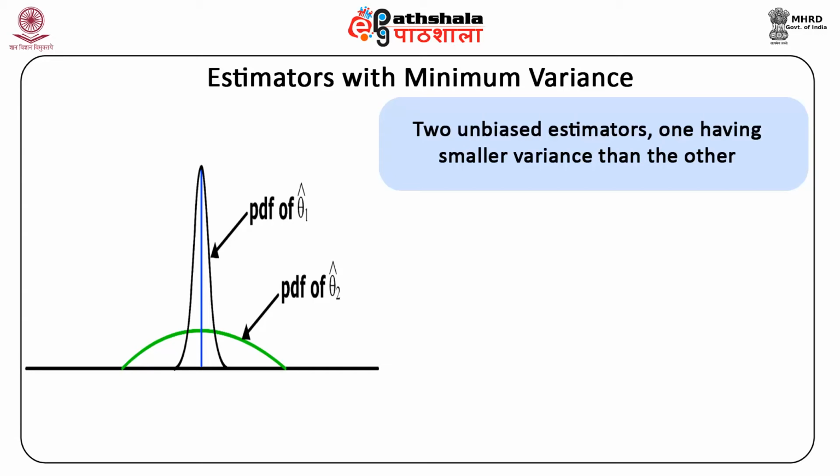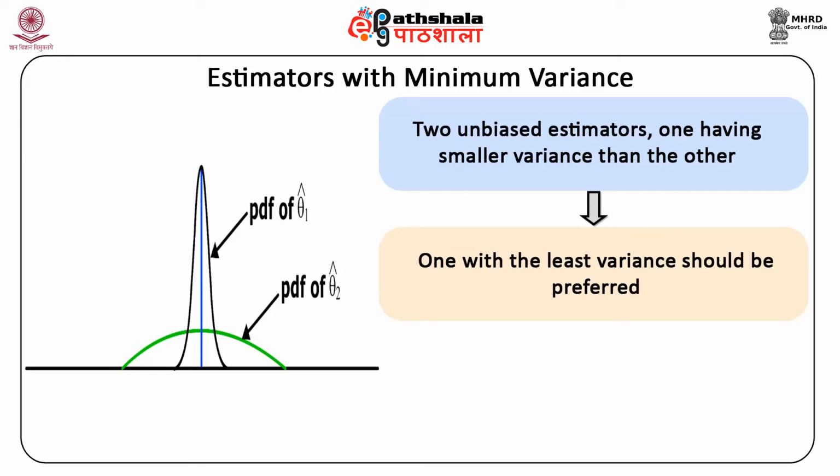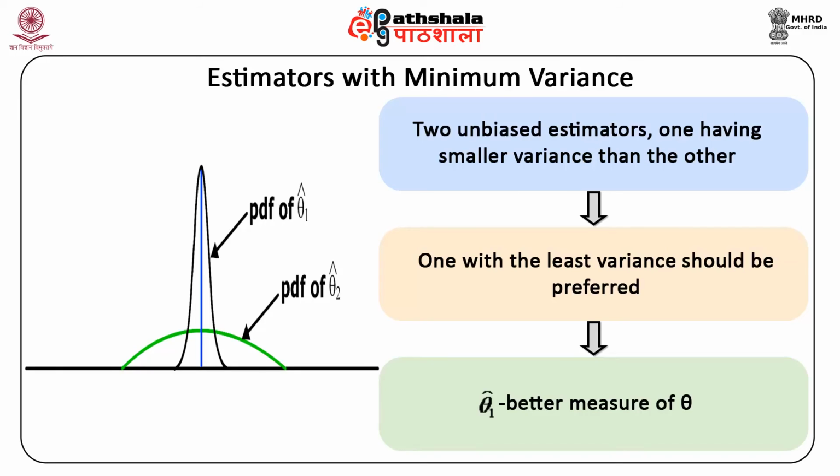The variance of theta 2 hat is greater than the variance of theta 1 hat. The one with the least variance, that is, the one which has the least variability or spread, should be preferred. Hence, theta 1 hat is a better estimator of the population parameter theta. In other words, an estimator with less variability is said to be more efficient and consequently more reliable than the other.